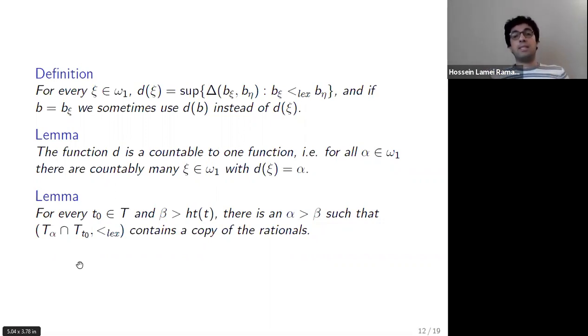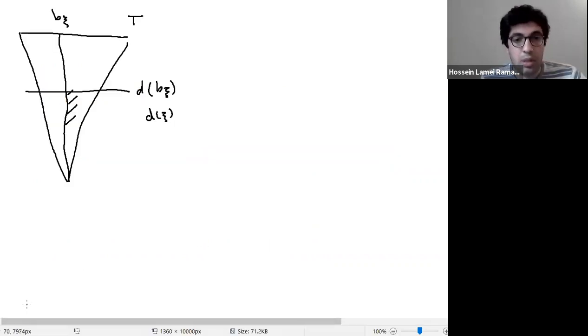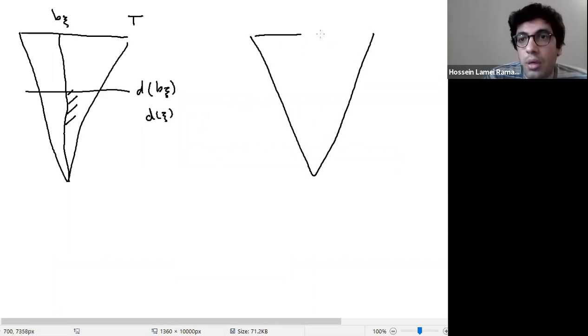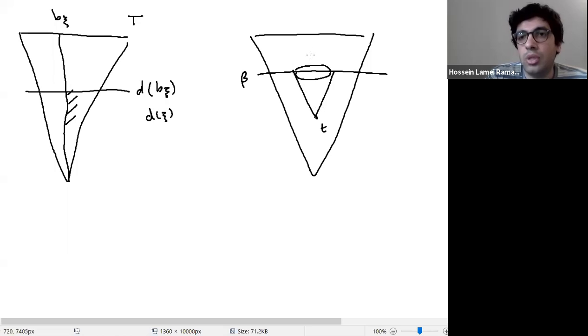So this is saying that whenever you have an element of T, if you go high enough, suppose that this is again the generic tree T. There's some beta high enough such that whenever we look at the elements above t0 at height beta, this is going to contain a copy of the rationals with respect to the Lex order.